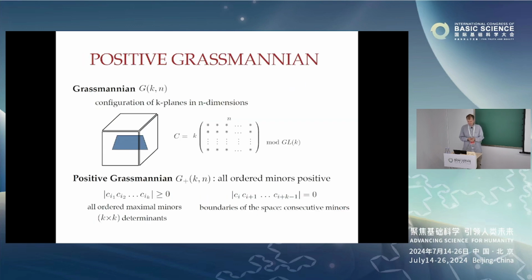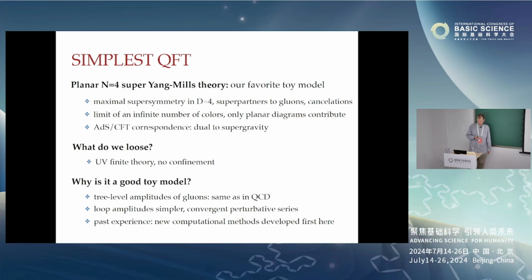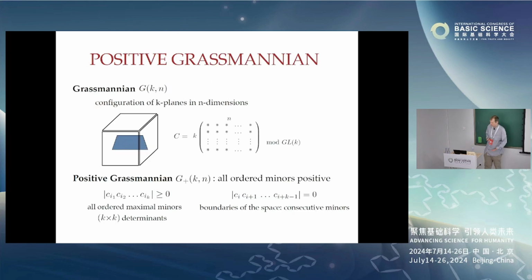Okay, so now let me almost completely switch gears and talk about something completely different, but it will quickly become relevant for amplitudes, and this is how the amplitude will be defined.